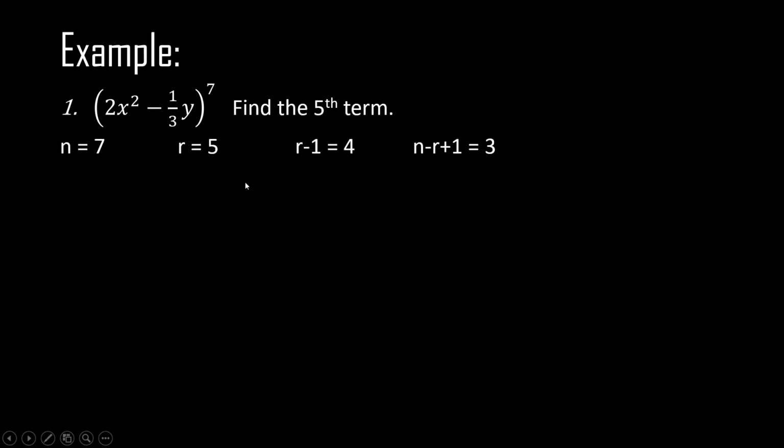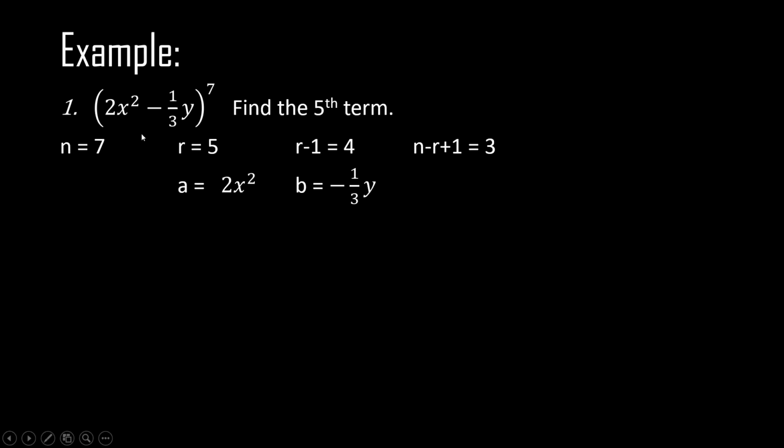So let's start. First, to make it easier, you can write the corresponding values of the variables that we have discussed earlier. So n is equal to 7, which is the exponent. r is equal to 5 because we are required to find the fifth term, and r minus 1, or 5 minus 1, is 4, and n minus r plus 1, 7 minus 5 is 2 plus 1, is equal to 3.